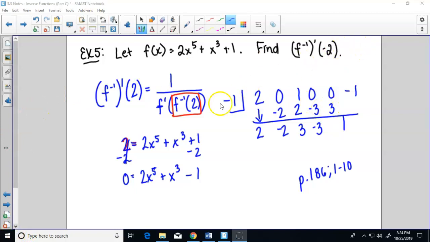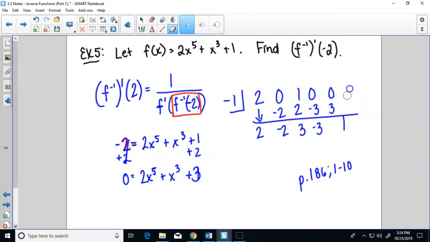Here was my mistake right here. This was supposed to be a negative 2, so that was a negative 2, which is positive, which makes you have a positive 3 right here. So that number right here should be a 3, which will be much better, because 3 times negative 1 is negative 3. You get 0 here.